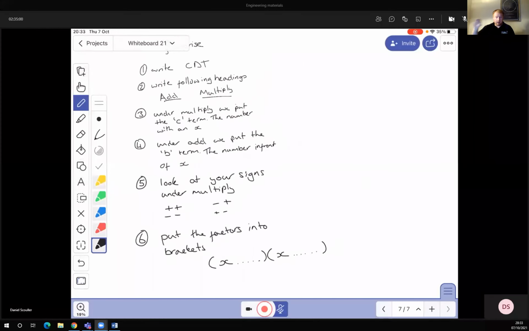Every time we see factorise, CDT. If it's a trinomial, we write the following headings: add, multiply. Looking at the C term, that solitary number on its own, we put that under multiply. Look at the B term, the number in front of x, and we put that under add. That's our target. Under multiply, make sure you've got the correct sign.